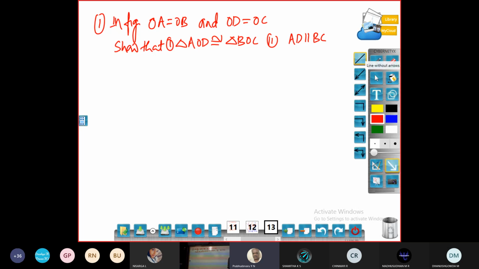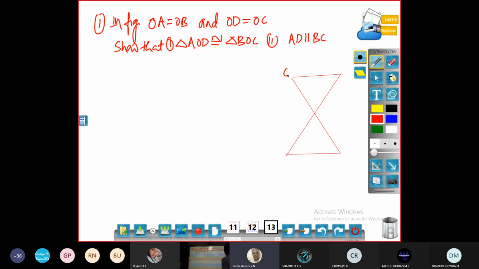And the diagram is like this. It is given that in this diagram OA is equal to OB, then OD is equal to OC.